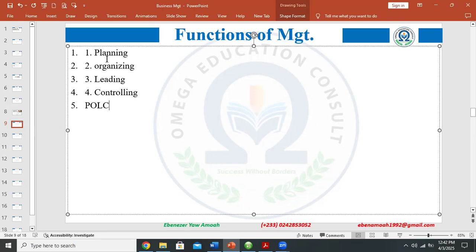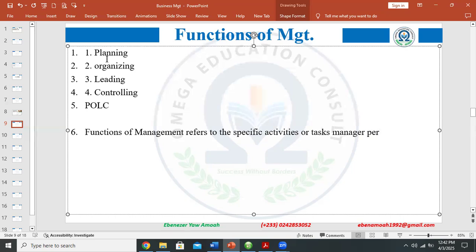But of course, when we talk about functions of management, what do we mean? The functions of management simply refers to the specific activities or tasks managers perform on daily basis to ensure the smooth running of an organization.